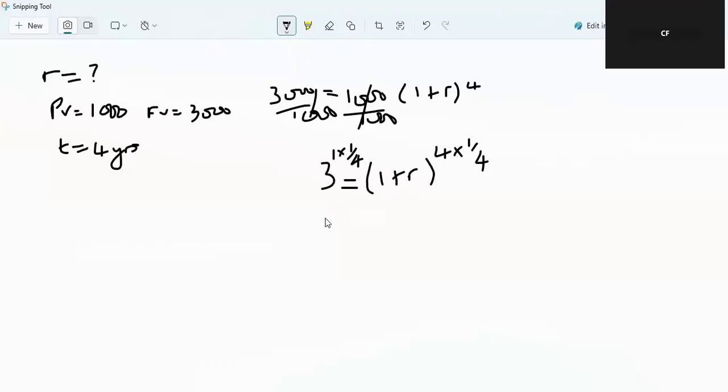So 3 to the power 0.25. What do we get? Then here you're going to have 1 plus R. So this R will go and subtract 3 to the power 0.25.